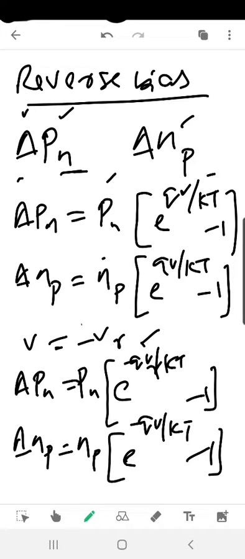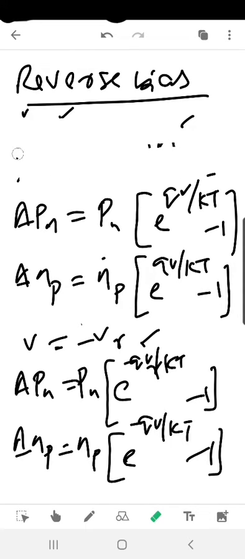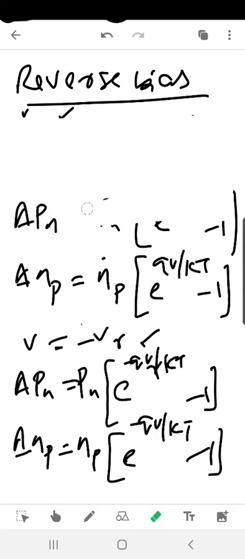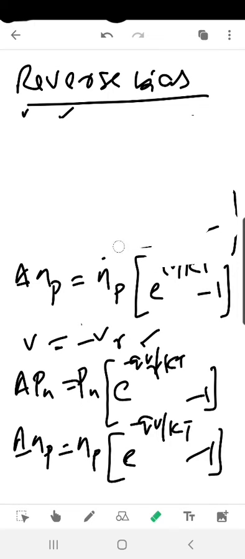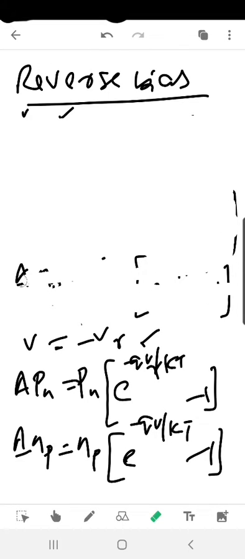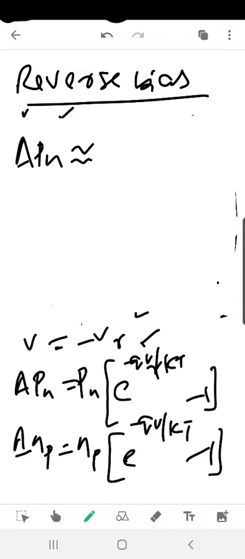Now we know that the graph of e raised to the power minus something is decreasing. This means that e raised to the power minus something will approach 0. If it is 0, then the change in concentration, that is delta Pn, will be approximately equal to minus Pn.